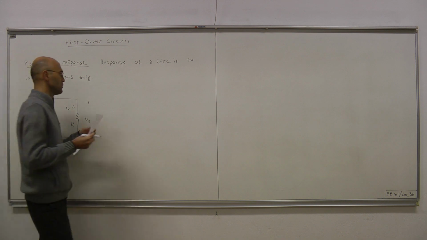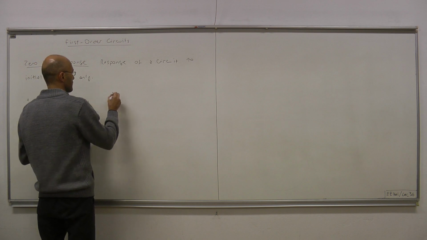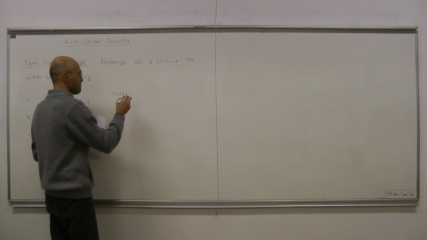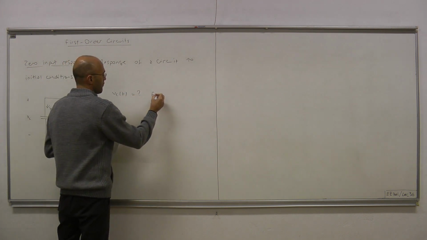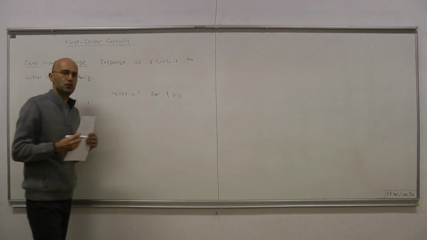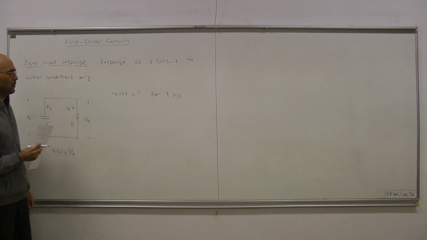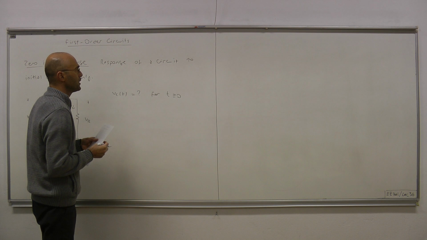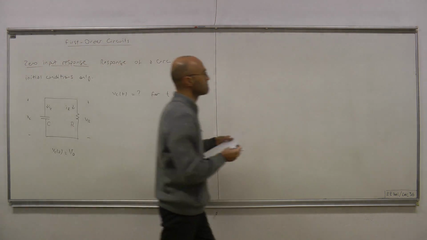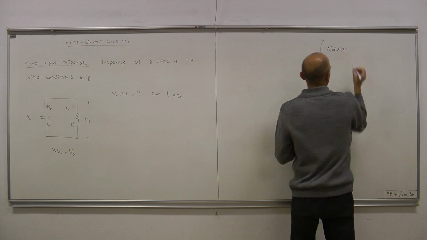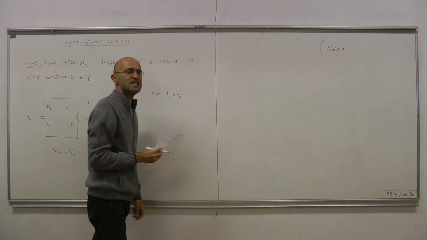So the question is, what's the capacitor voltage, VC(t), for all future times? We start from the initial time, t equals 0. Now, we're going to introduce a notation that simplifies analysis a little bit, the capital D notation.